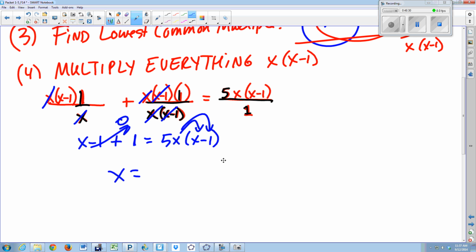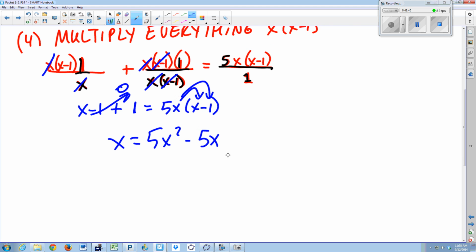And what do I get on the right side when I do that? 5x squared minus 5x. Okay. Now, what kind of equation is this? It's quadratic because it has that squared term there, quadratic equation.